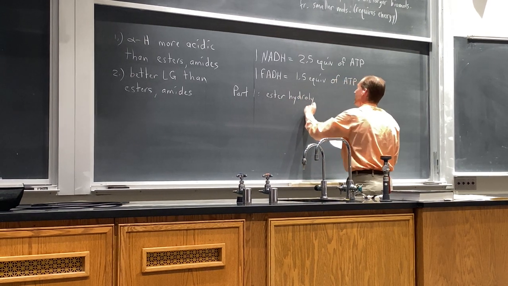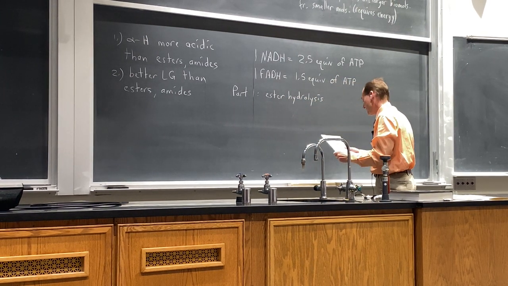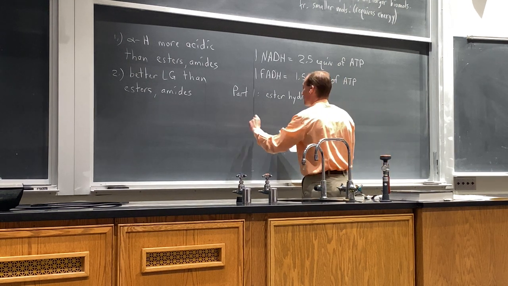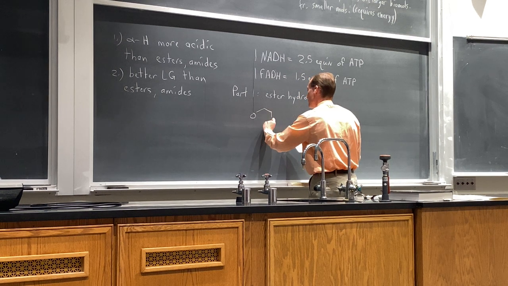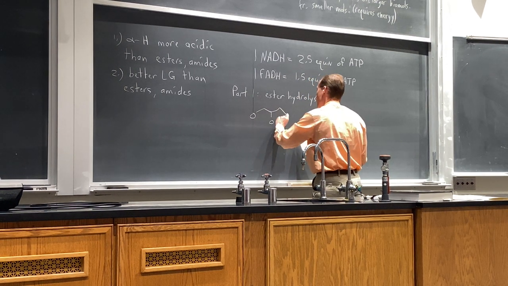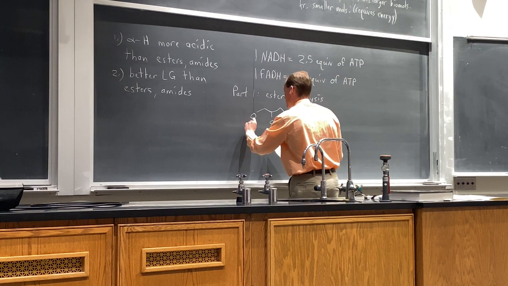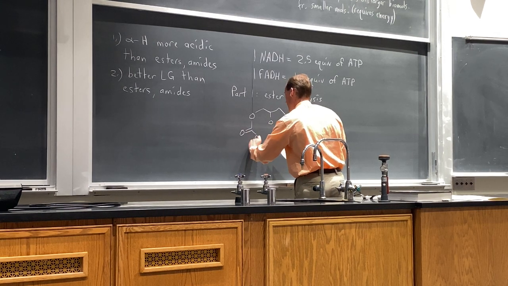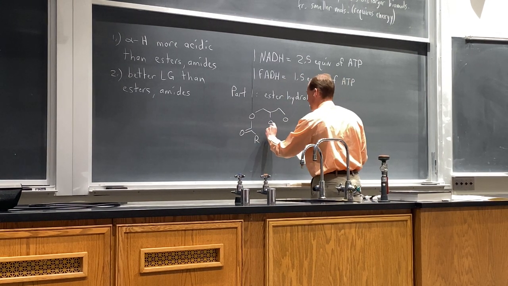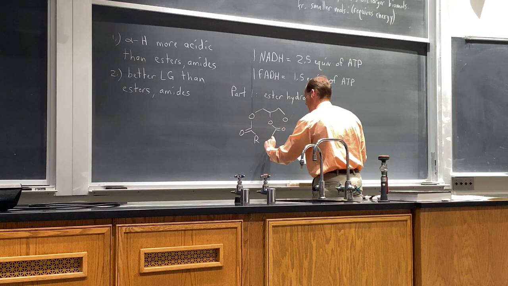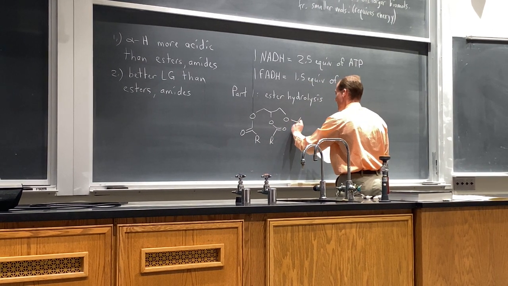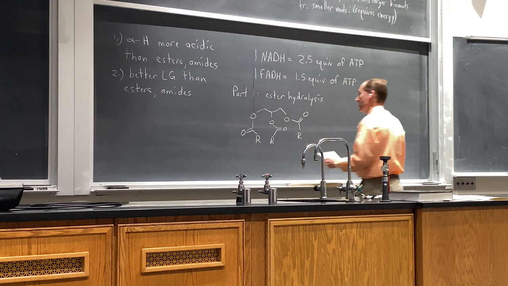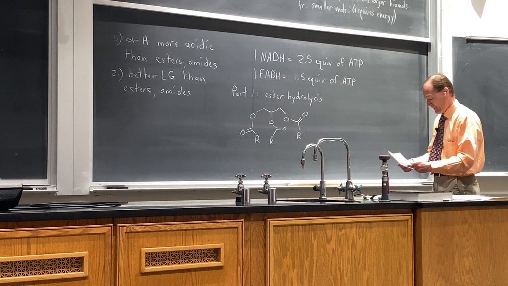Triacylglycerols have esters, they're triesters, and so the first step in their catabolism is going to be the hydrolysis of these triacylglycerols. Okay, so the triacylglycerol is going to look like this. These groups may or may not be the same. We'll just go ahead and draw them all as being R.